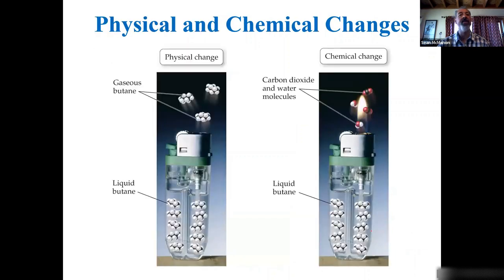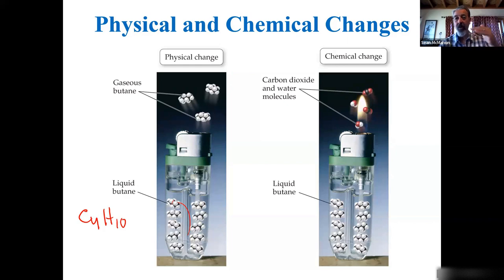I like using this example. I know it's kind of goofy, but here's an old school lighter. You have your butane in the lighter. C4H10 is butane. And it's under pressure. That's why it's in a liquid state, but it easily vaporizes. Why does it easily vaporize? It's volatile, right?